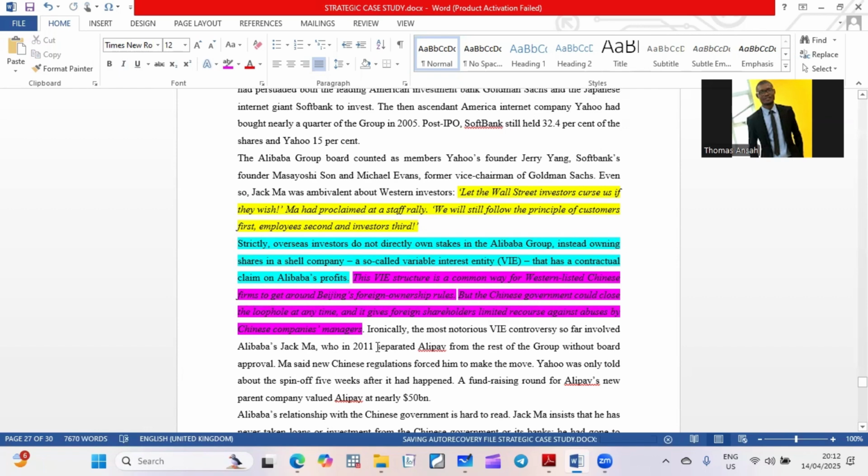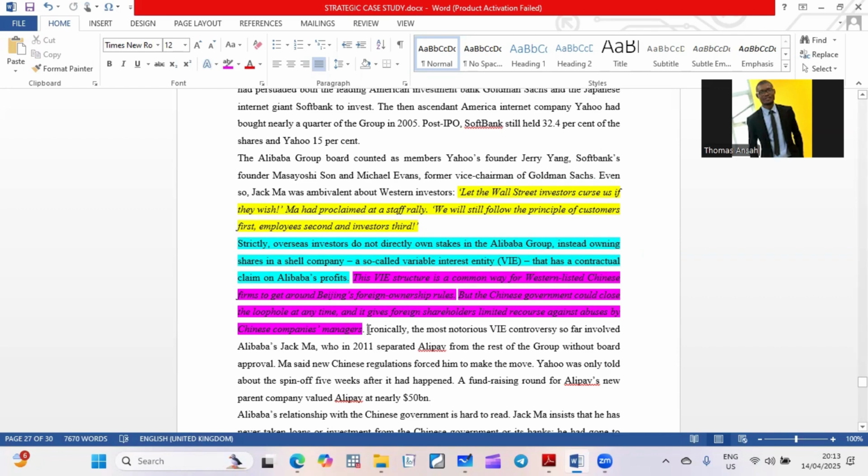Ironically, the most notorious VIE controversy so far involved Alibaba's Jack Ma. Which one is that? Which one of the variables is reputation?